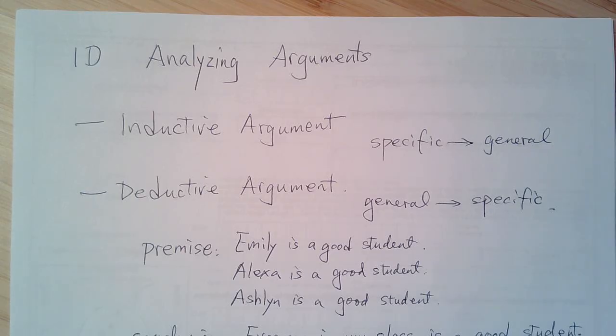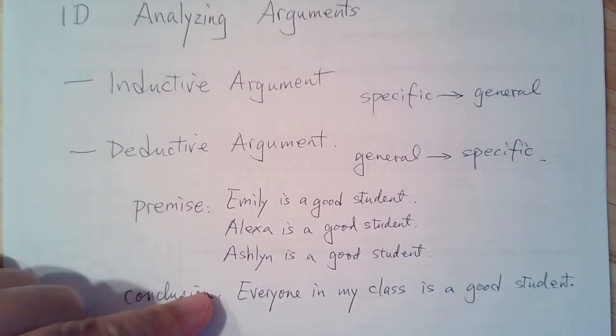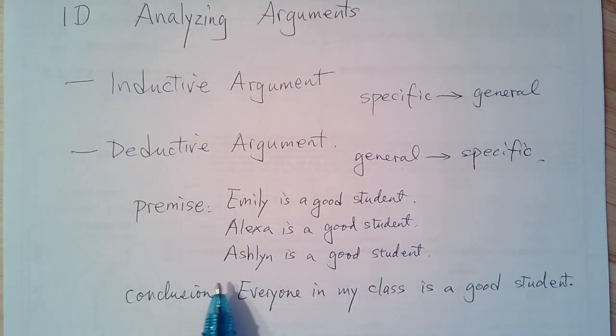All right, now see, this is from specific to general. Specific: Emily is a good student. Alex is a good student. Ashlyn is a good student. The general conclusion is: everyone in my class is a good student. What do you think, from the specific premises to the general conclusion?